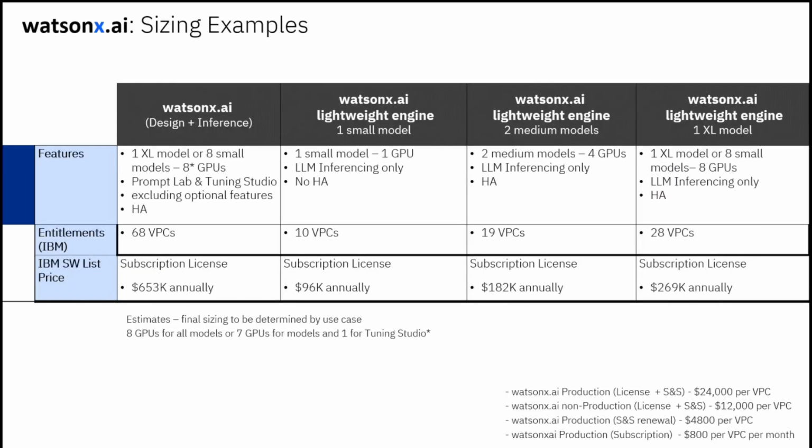Let's take a look at an example of a regular deployment of watsonx.ai on the leftmost column. As you see, it needs 68 VPCs. In comparison to the lightweight engine, the t-shirt model sizes only need less than 50% of VPCs required.